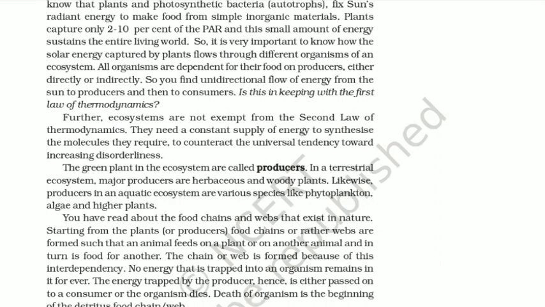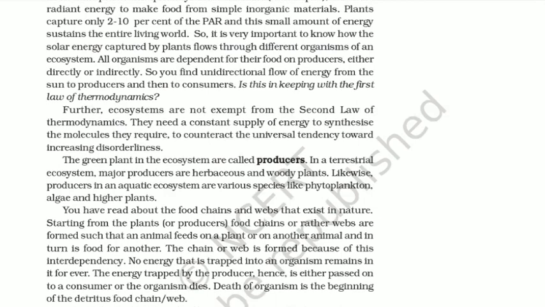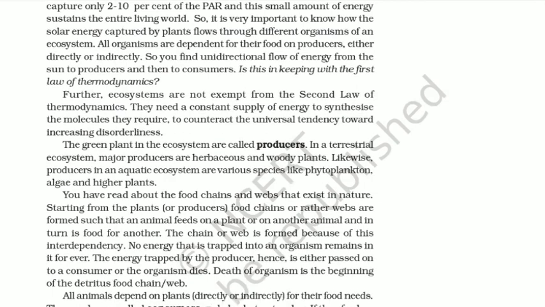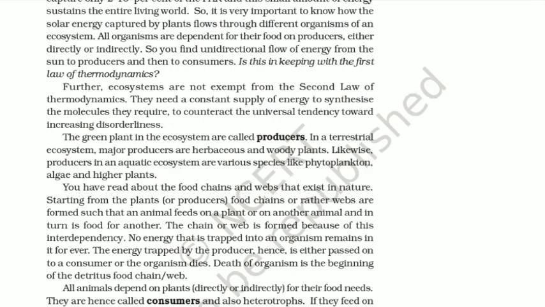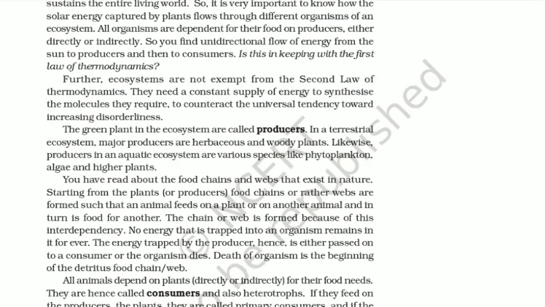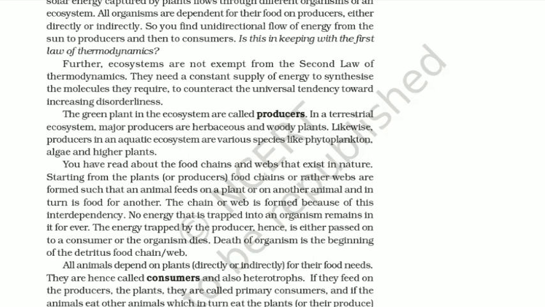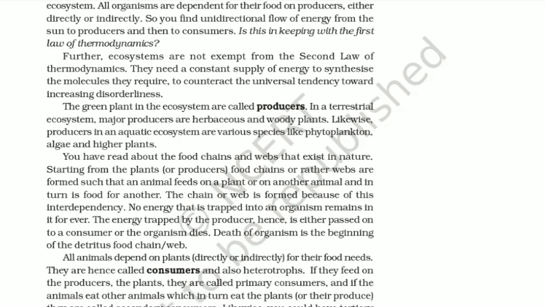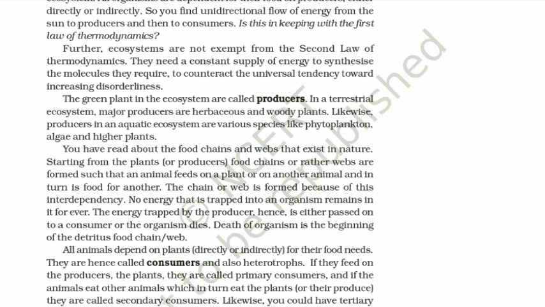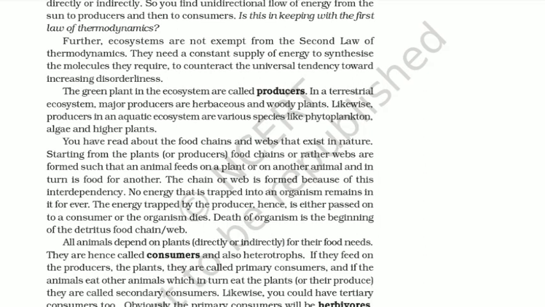Plants capture only 2 to 10% of the PAR, and this small amount of energy sustains the entire living world. So it is very important to know how the solar energy captured by plants flows through different organisms of an ecosystem. All organisms are dependent for their food on producers, either directly or indirectly. So you find unidirectional flow of energy from the sun to producers and then to consumers.